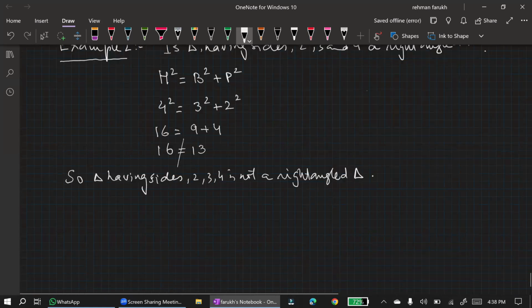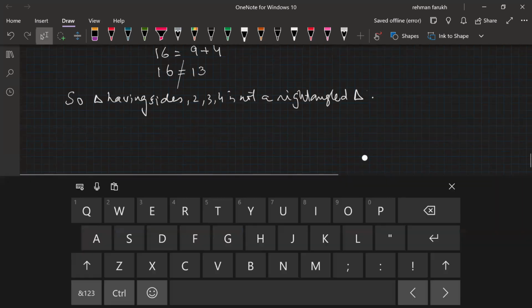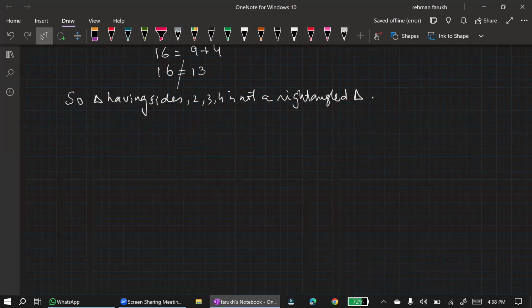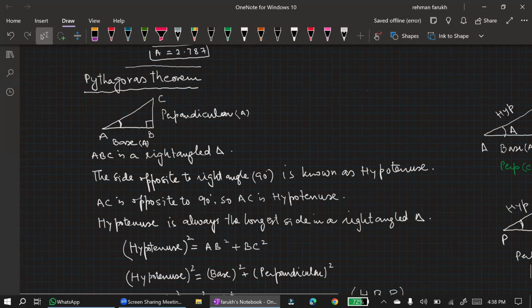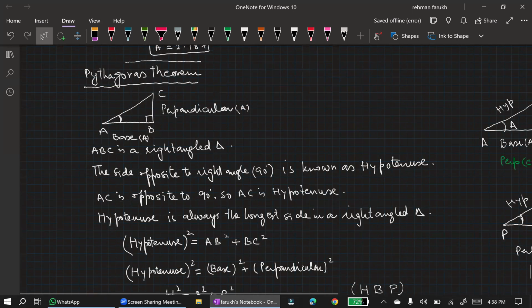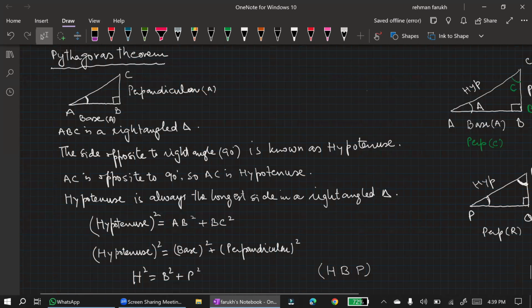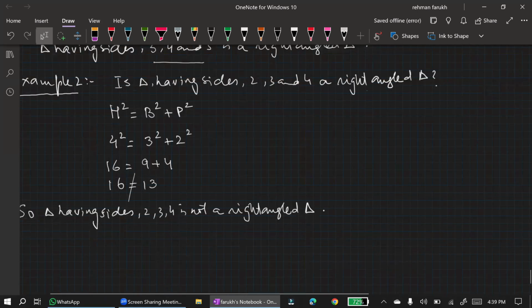Now you will attempt an exercise in which we will use the Pythagoras theorem to decide whether the triangle is 90 degree or not.